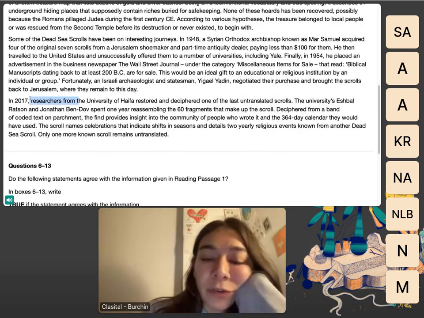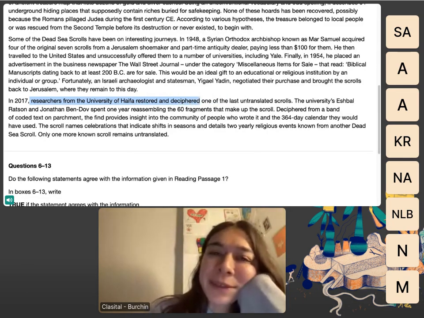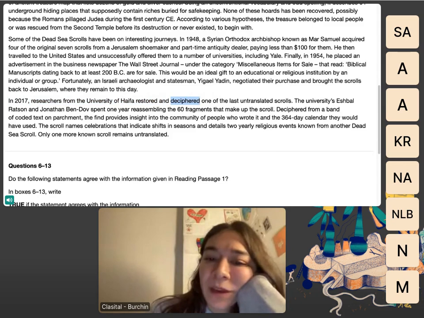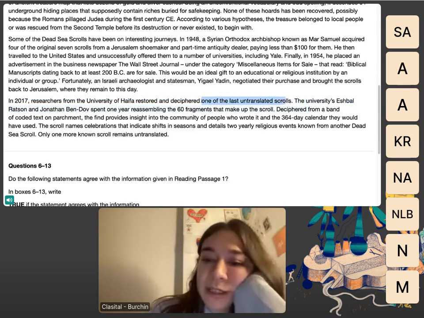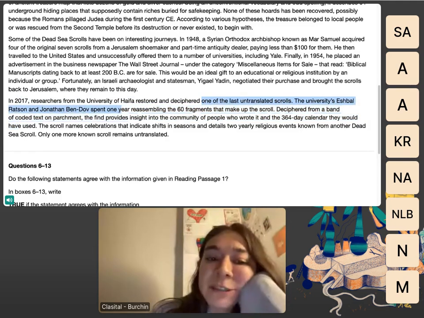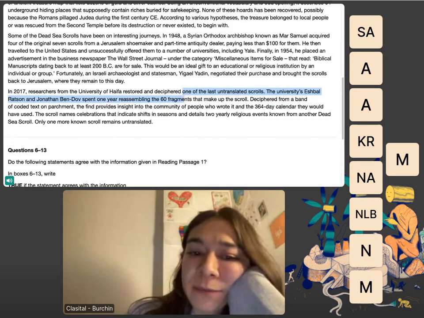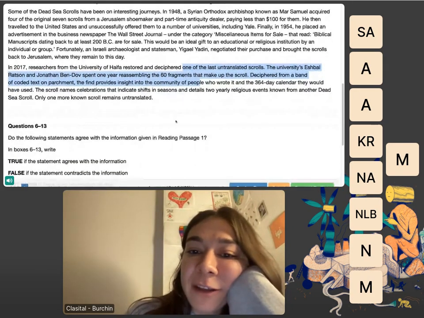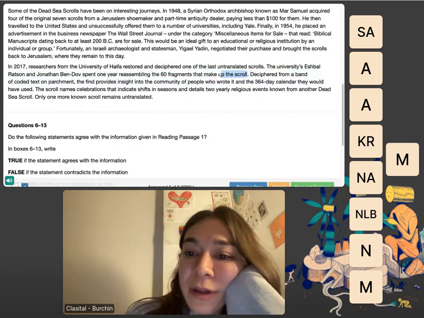Researchers from the University of Haifa restored and decrypted one of the last untranslated scrolls. The university's Eshbal Ratson spent 1 year reassembling 60 fragments that make up the scroll.